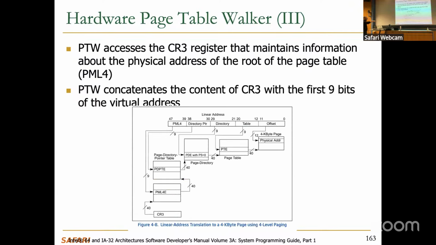After you form the pointer, you access the first level. Using this pointer, you access the next level, and using that pointer, you access the next level. In this way, you reach the final level, which stores your 4 kilobyte translation. You do 4 steps to access the page table.